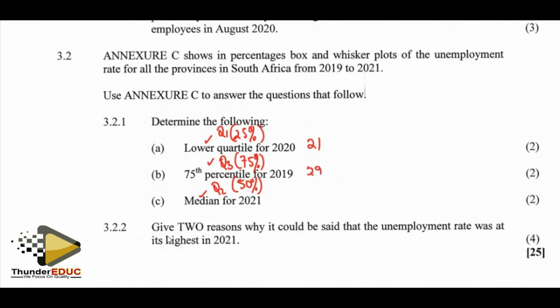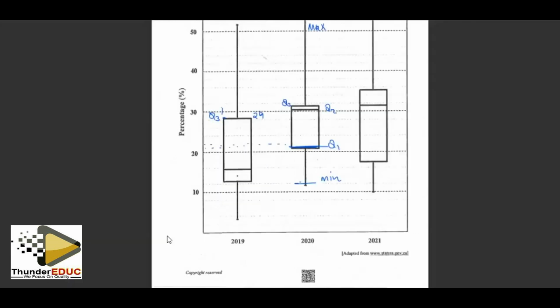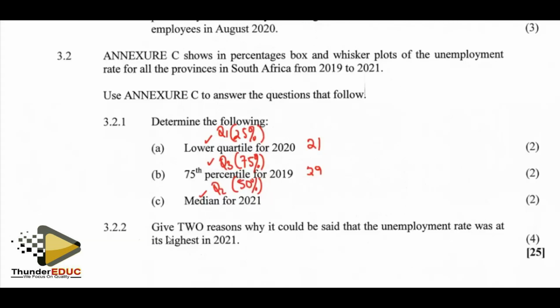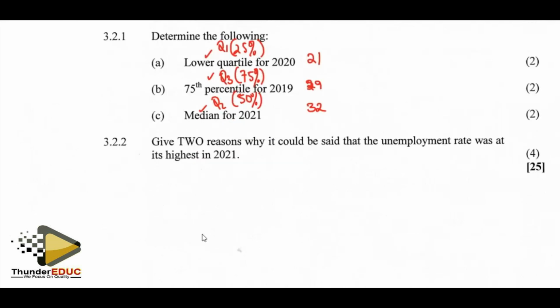Then the median of 2021, median is this middle line here. You see it, probably it's 32 or 31. So this will be 32 or 31.